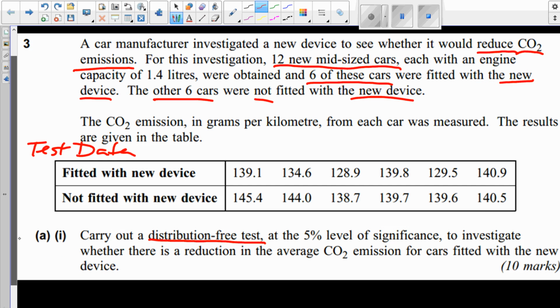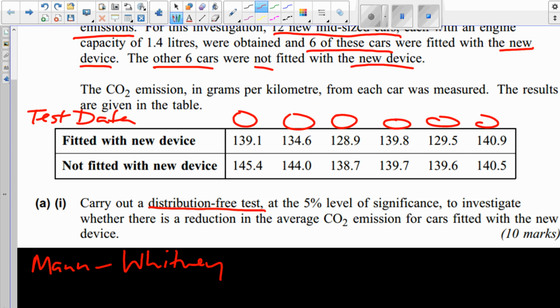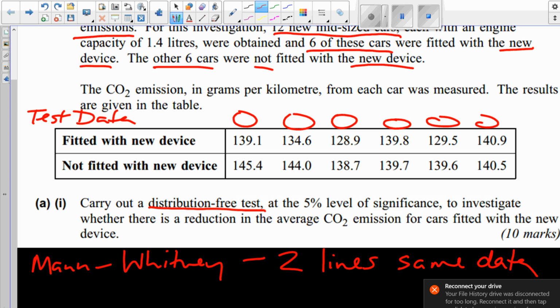So in terms of an exam question, we know immediately we're in Mann-Whitney. Of course, in the real world, you just need to check that this isn't paired data, but as there's nothing written along the top here to say it's A, B, C, D or 1, 2, 3, 4, it's definitely not. So as it's 2 lines of the same data, we know we're Mann-Whitney.